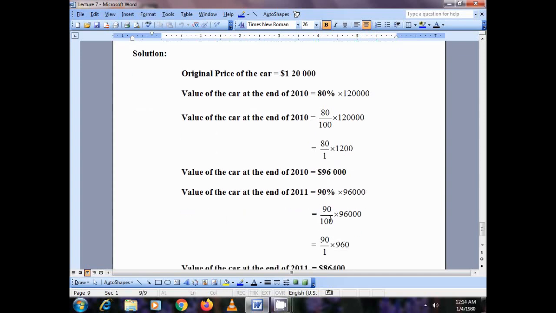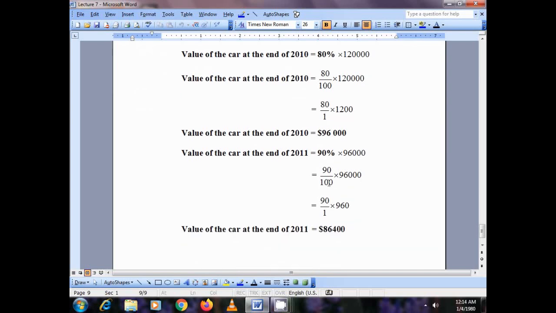Again, let's remove the percentage sign. So we have 90 divided by 100 multiplied by $96,000. Again, we can cancel these two zeros with the zeros of 96,000. So the remaining quantities will be 90 divided by 1 multiplied by 960.